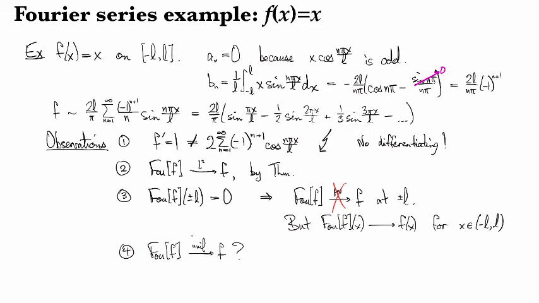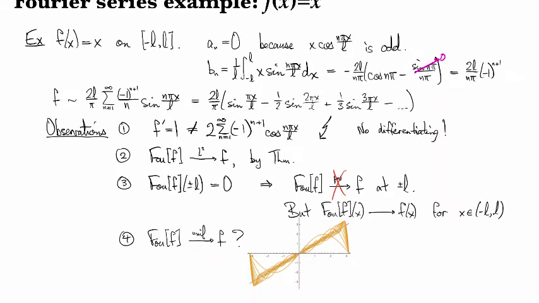Let me get a picture going on here. There we go. So here's a picture of the first 5 or 10 Fourier approximates for this series here, and you can see things are not going well.